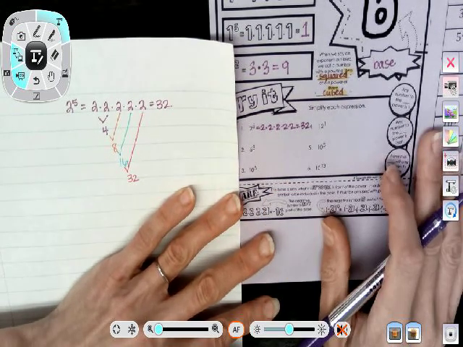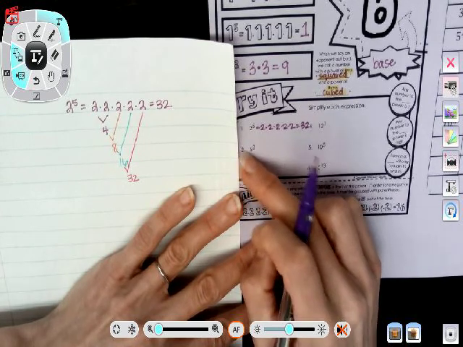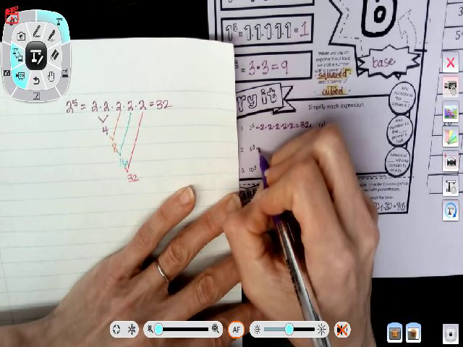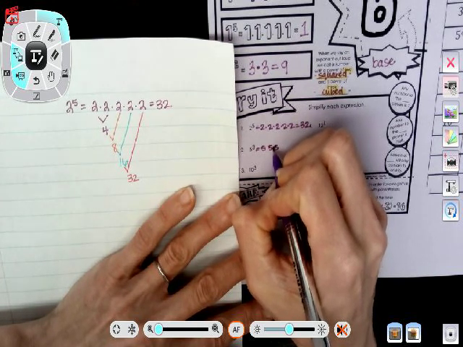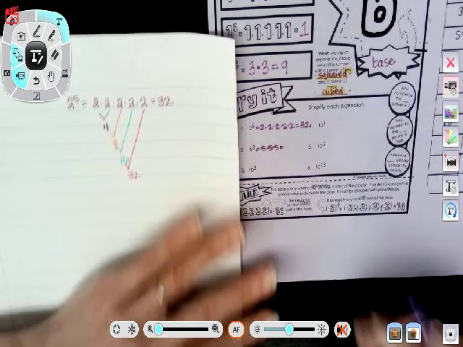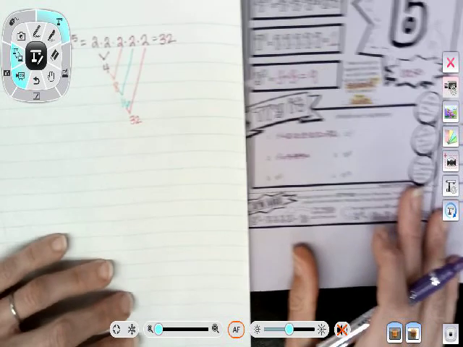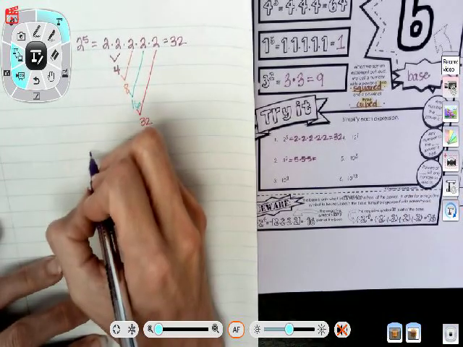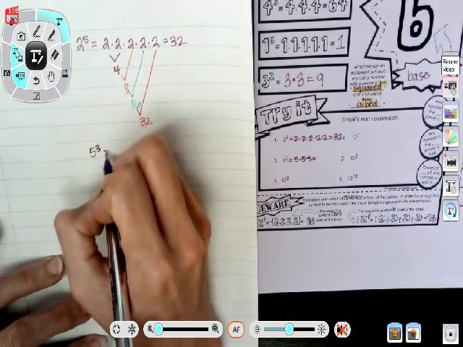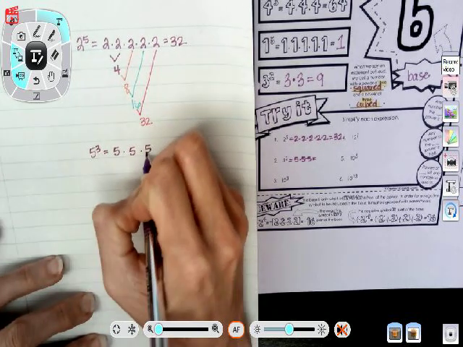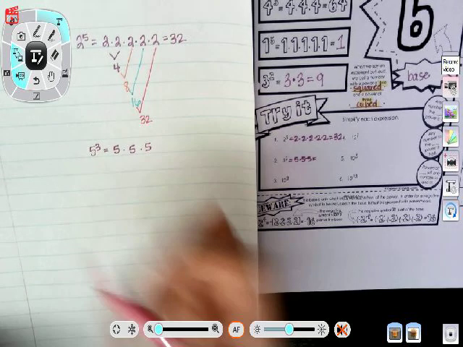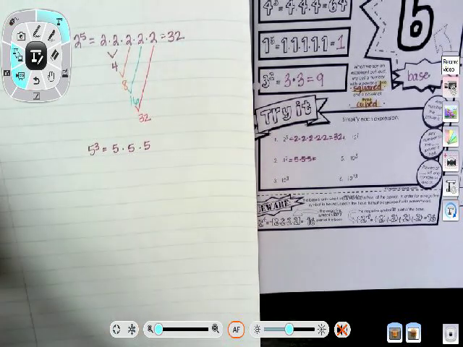Let's try number 2. 5 to the 3rd power. 5 to the 3rd power means 3 5s timesing. So let's do that right here. 5 to the 3rd power is 5 times 5 times 5. 5 times 5 is 25.